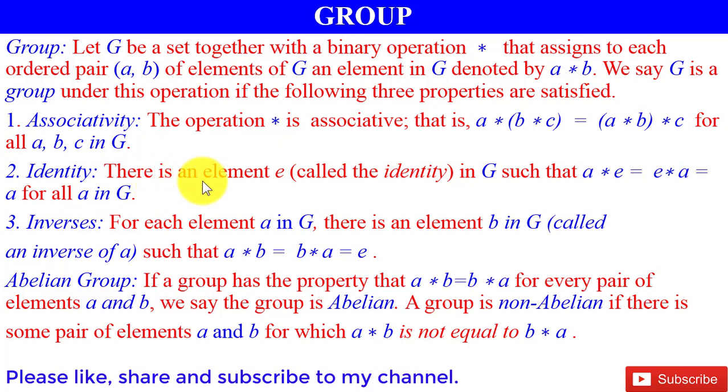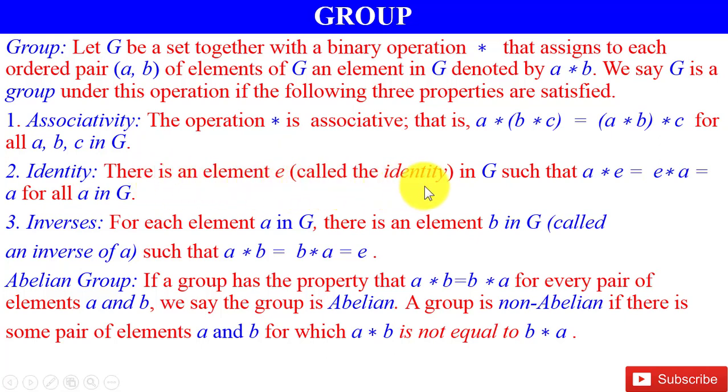Identity. There is an element e called the identity of G such that a star e is equal to e star a is equal to a for all a belonging to G. Inverses.